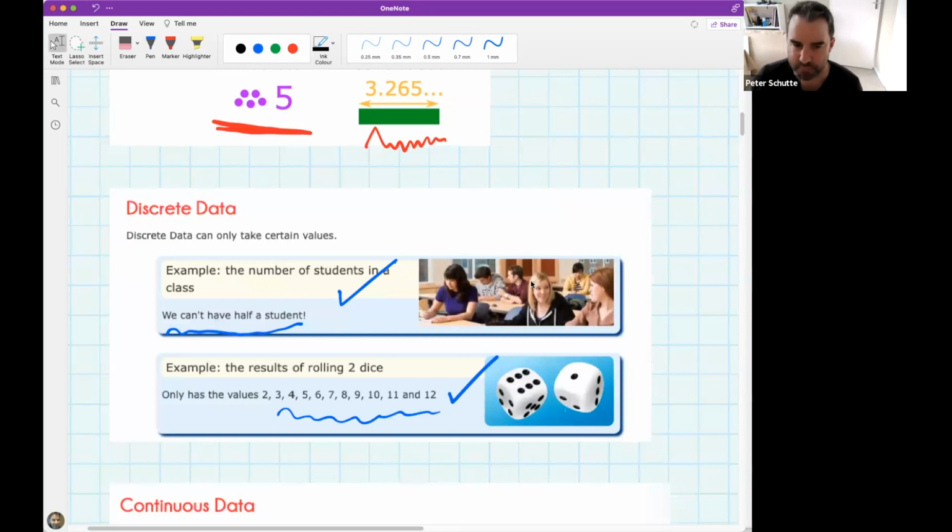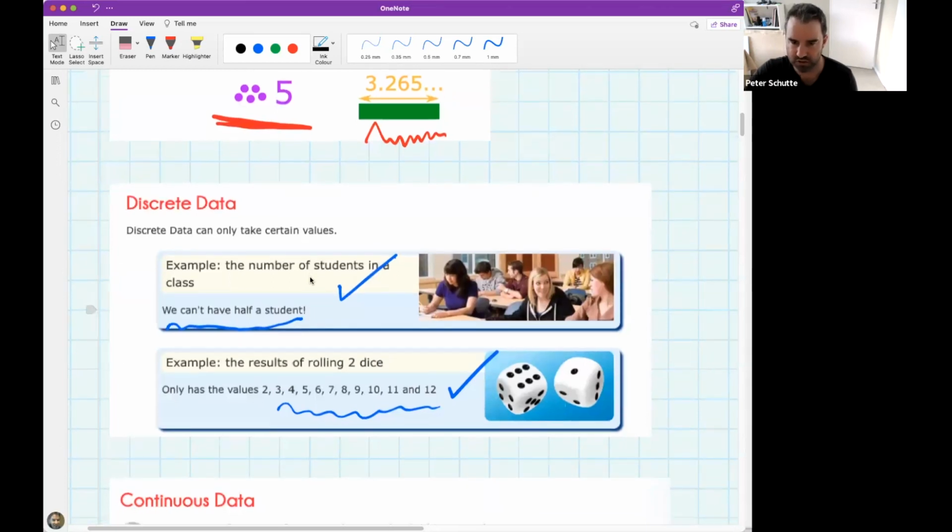If the idea of discrete data makes sense to you, give me a thumbs up. That's our first little bit of work for today, understanding that when we talk about data in numbers, we have to understand this thing called discrete data.